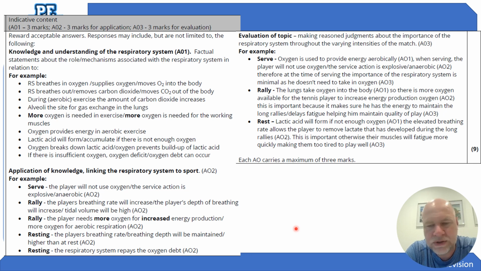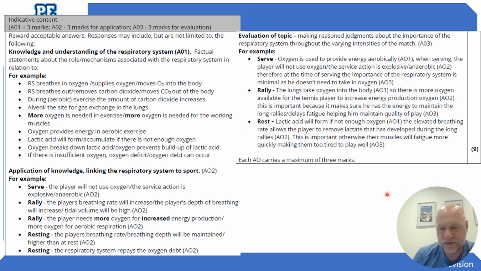Now, AO1, which is the facts and definitions, you would just talk about what the respiratory system actually does. Then you would go into AO2, scenarios, examples of how the respiratory system works in those scenarios. And then the evaluation, how important it is in those scenarios.